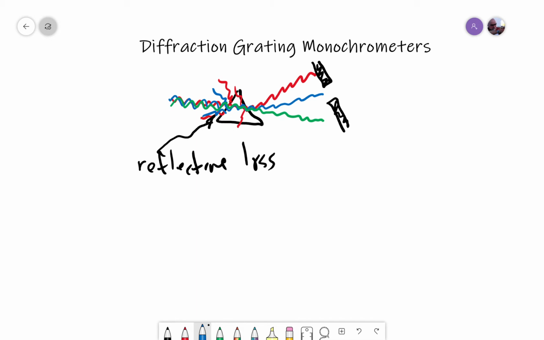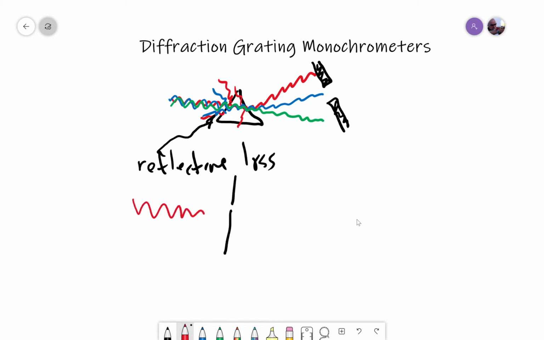So a lot of the light gets reflected before it transfers through to the monochromator slit. To avoid this problem, there's another way to create a diffraction pattern, and that is by running light through a slit.